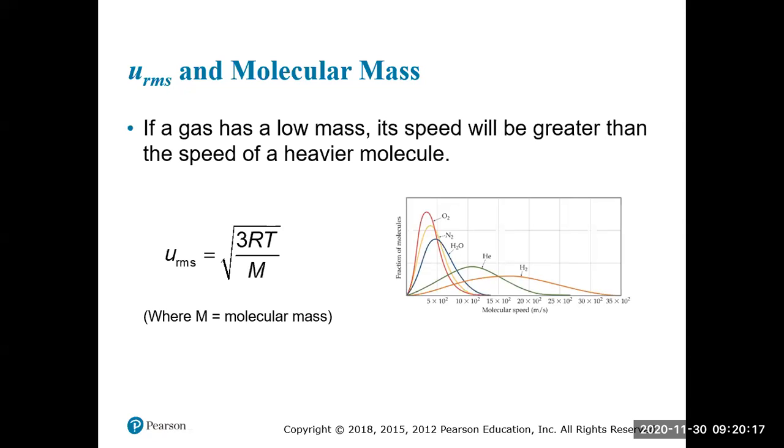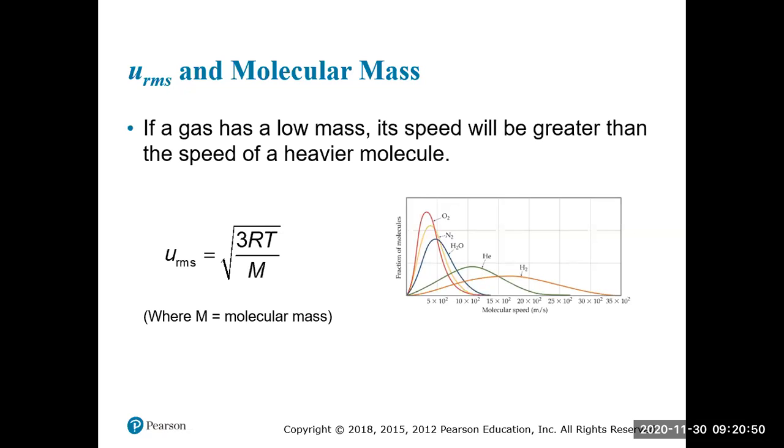If you were to sit down and calculate out the molar mass of each of those, you would see that hydrogen, H2, has its apex at the highest molecular speed, because on the x-axis is the molecular speed. Because it's the smallest, it has the lowest molecular mass and the highest molecular speed.